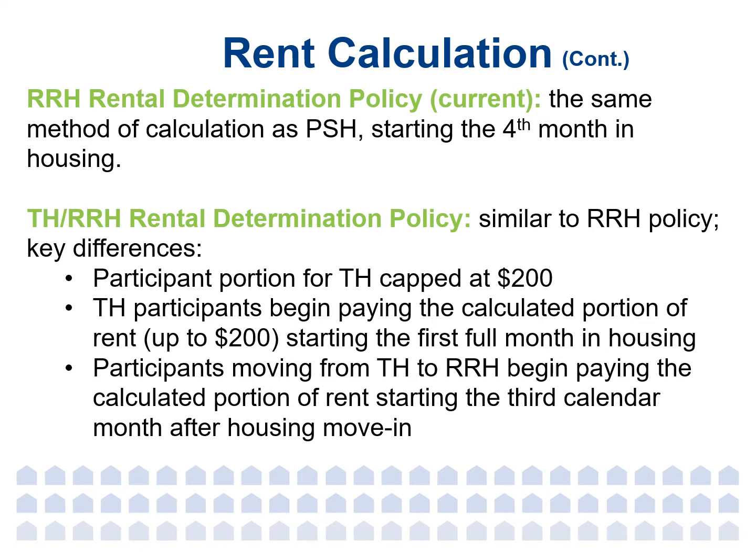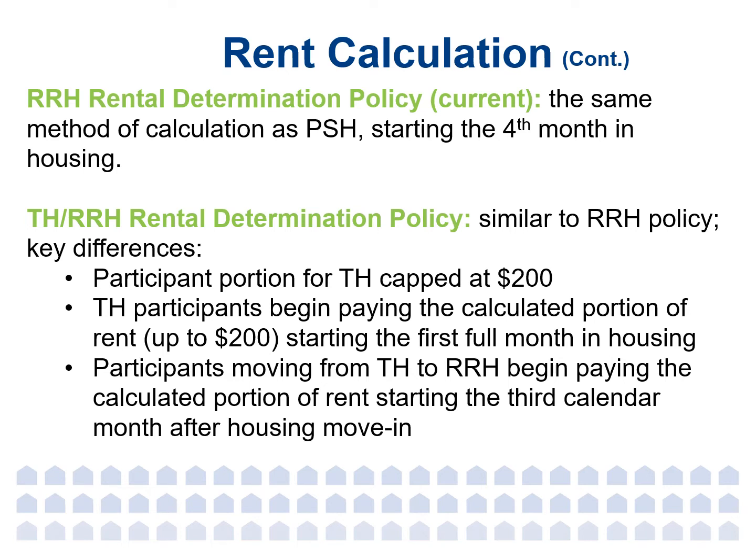Transitional housing, rapid rehousing joint component projects follow a very similar rental determination policy to regular RRH projects. Key differences for THRRH are that participant rental portions in transitional housing are capped at $200 per month.